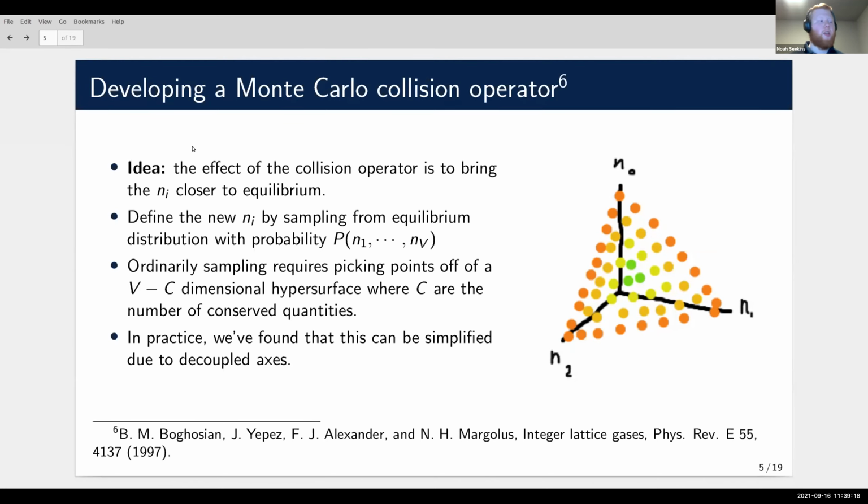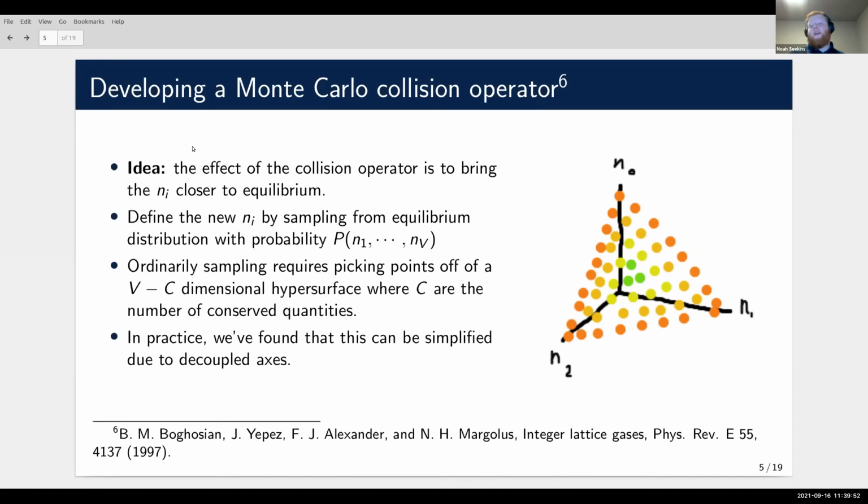So in the D1Q3 case, it's not super bad. You get a two-dimensional surface inside a three-dimensional space. However, easily you can see how if you're going up to the D2Q9 or even the D3Q27 systems, this becomes much more complicated, as you have an 8 or a 26 dimensional surface inside of a 9 or a 27 dimensional space. And those aren't easy to sample from.